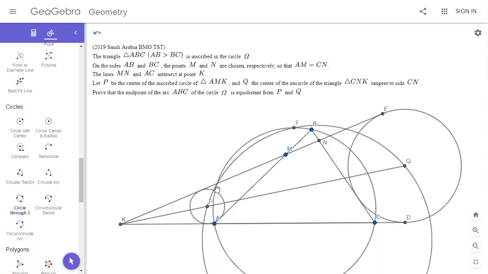I wonder if these circles always meet on that line. No. Huh.